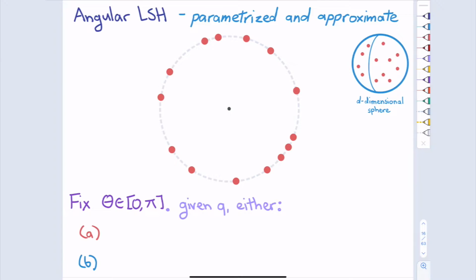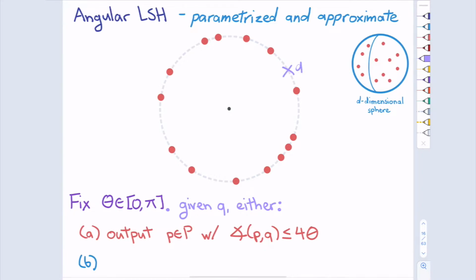Instead of trying to get the nearest neighbor right away, I'm going to fix some angle theta. Think of theta as the true closest angle. At some level, I just want to get approximately close, so we're going to come up with an approximation criteria. When I'm querying a point Q, maybe theta carves out roughly that amount of space.